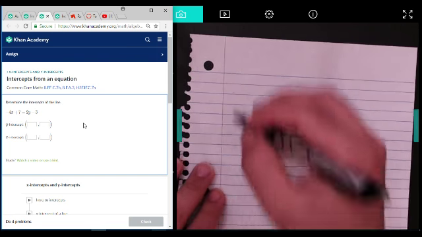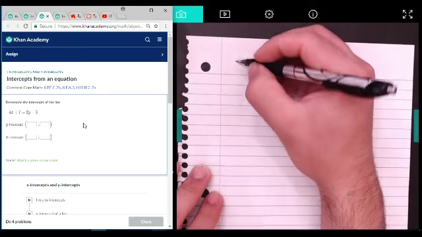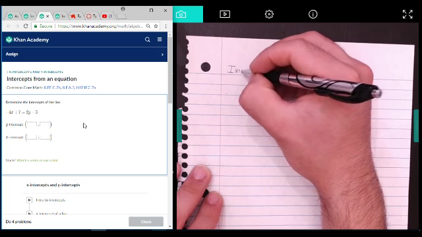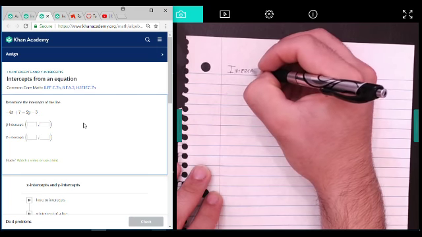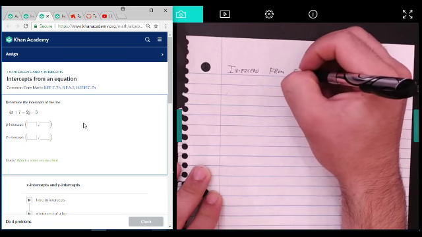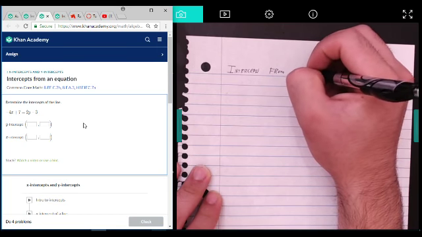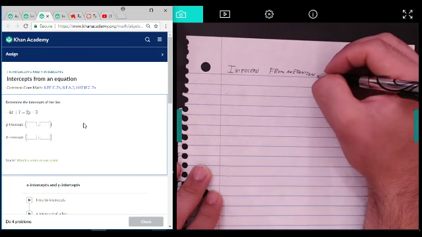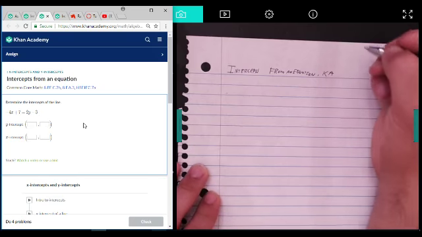So remember the title at the top of this page. We can write intercepts from an equation, and that's from Khan Academy.